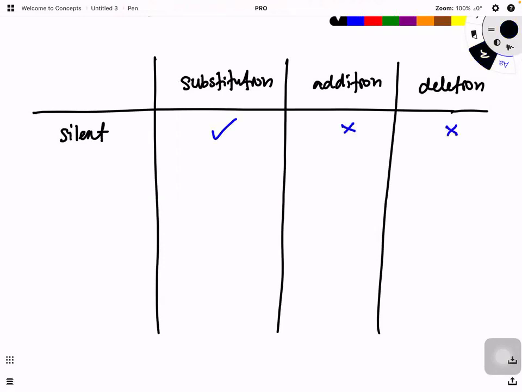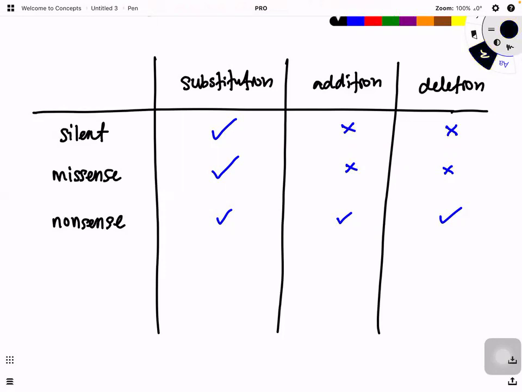Second, we have the missense mutation, which only changes one amino acid. So only substitution can; additions and deletions cannot. Third, we have the nonsense mutation. For nonsense mutations, all 3 can, because these 3 mechanisms can introduce stop codons, making the polypeptide shorter.